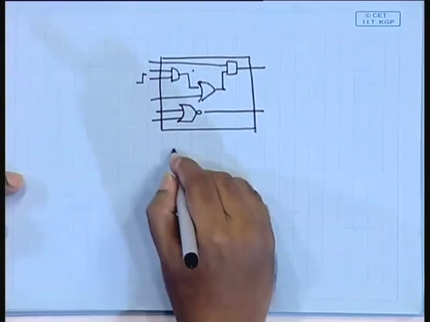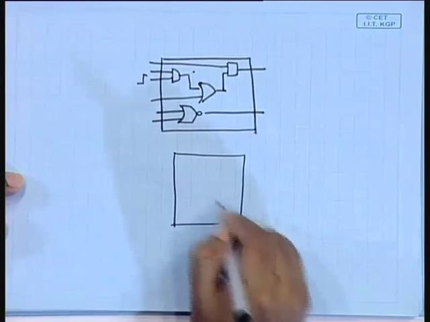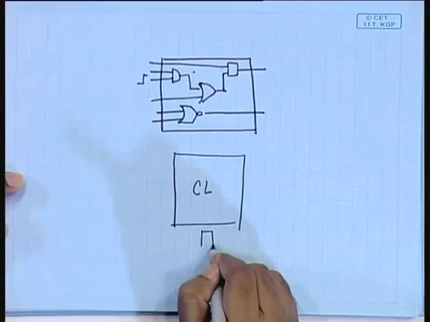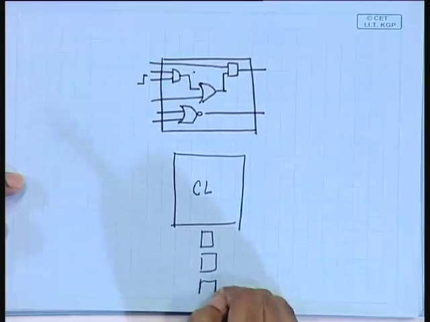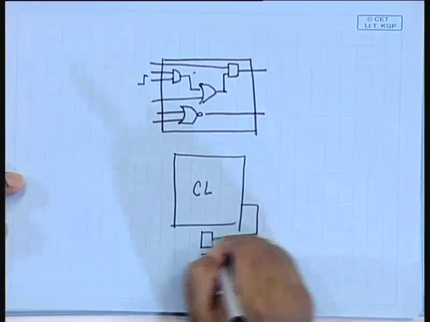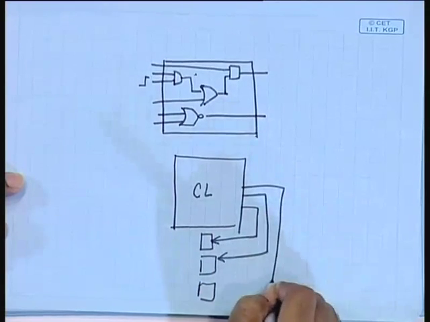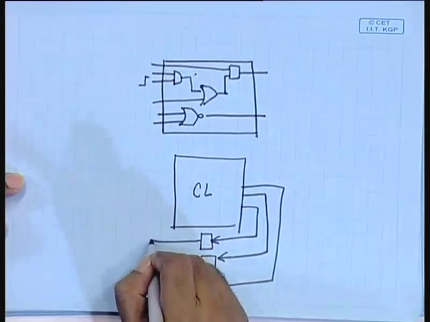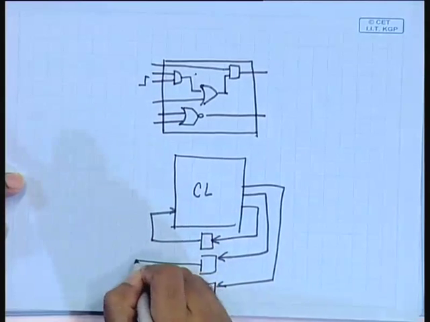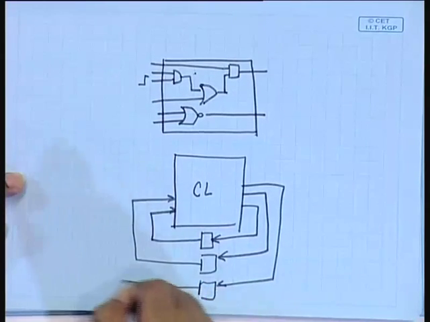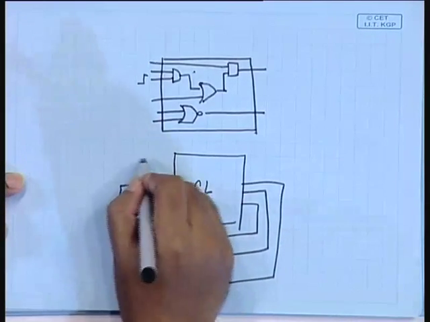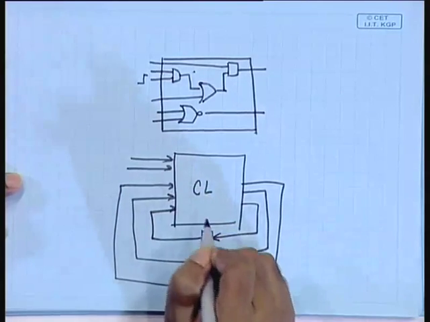upon the circuit as some combinational logic and a set of flops, and we know that the output of this combinational logic will feed into the flops, and the flop outputs in turn will go back to the combinational logic, and there can be some more primary inputs.